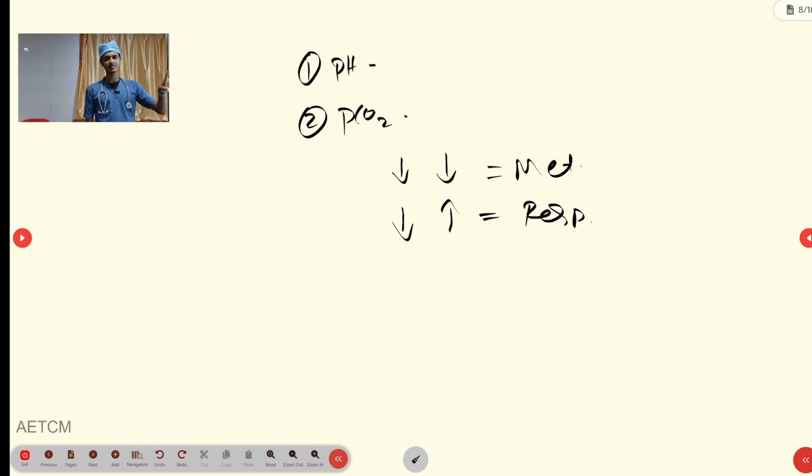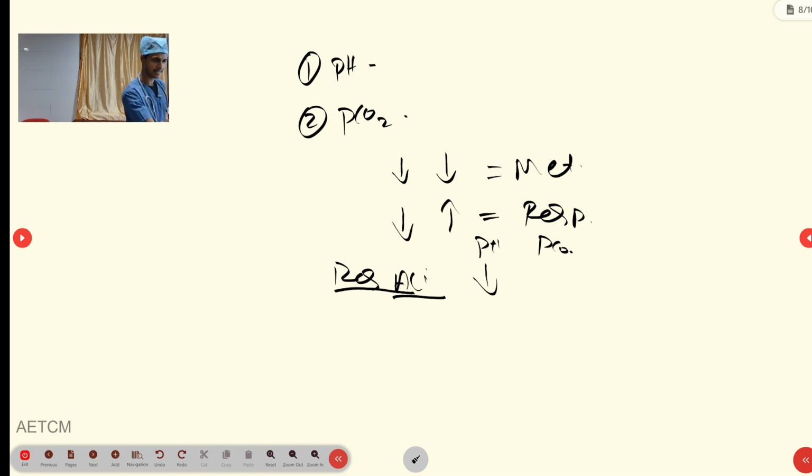The pH will be less, and there is an increased buildup of carbon dioxide. Here the pH and PCO2 are traveling in opposite directions, so in this condition you will call it respiratory acidosis.